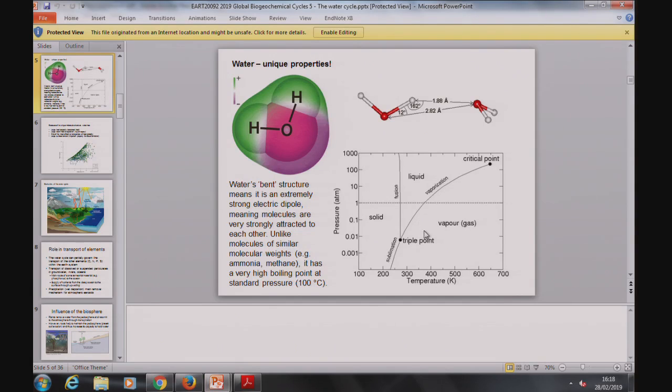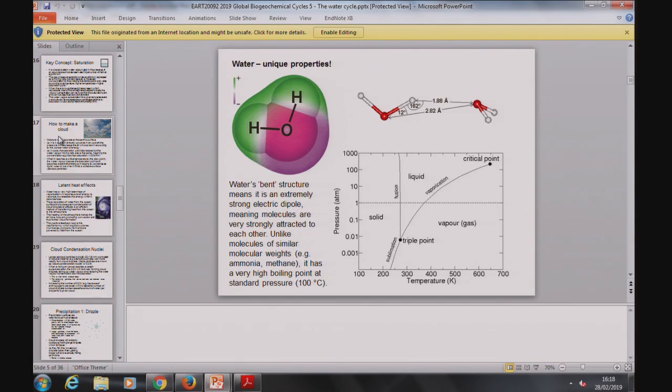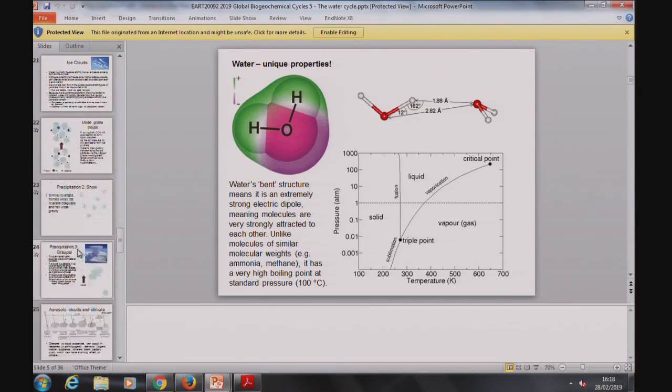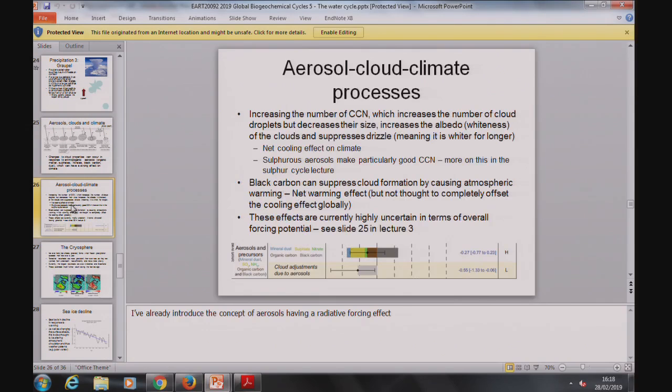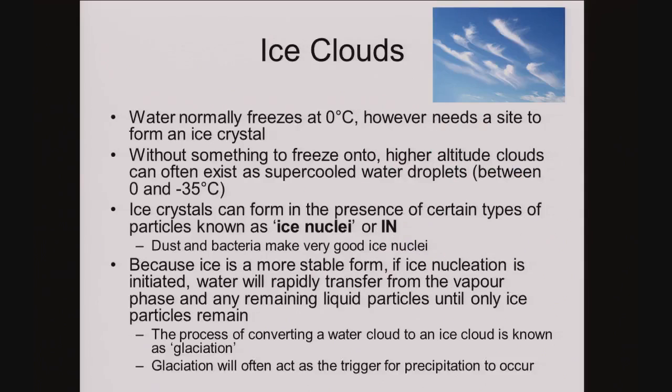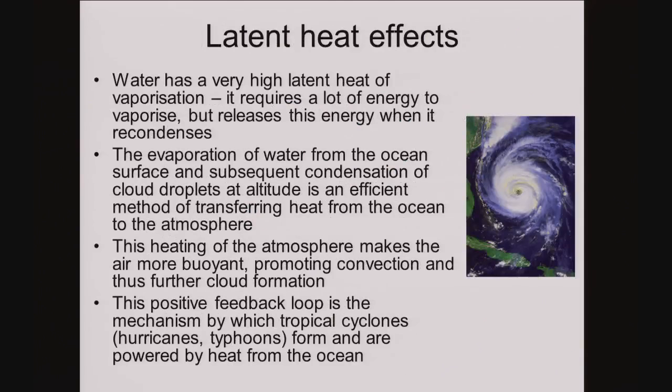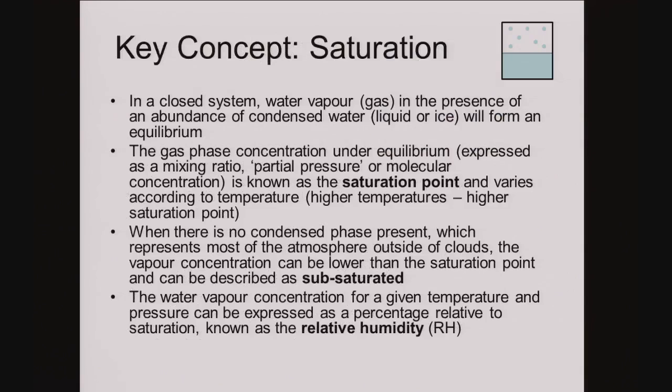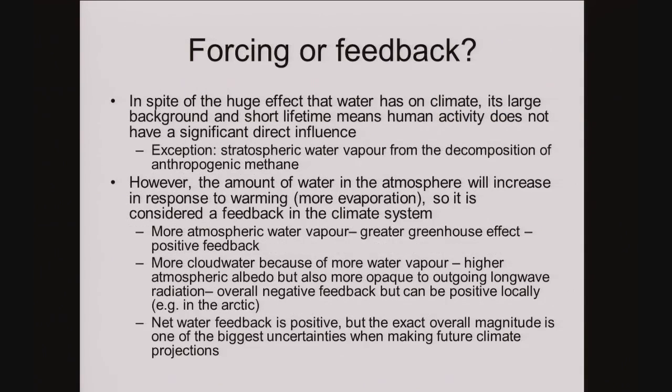Now, when we're talking about all these climate interactions, it's very, very difficult to get your head around sometimes. When we're talking about the forcings and the feedbacks, the amount of water in the atmosphere will increase due to warming.